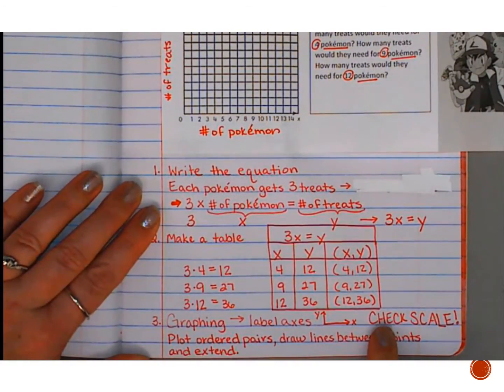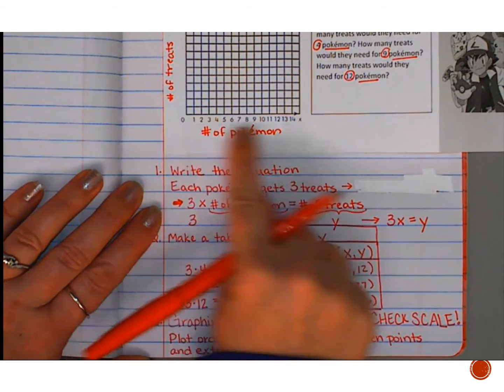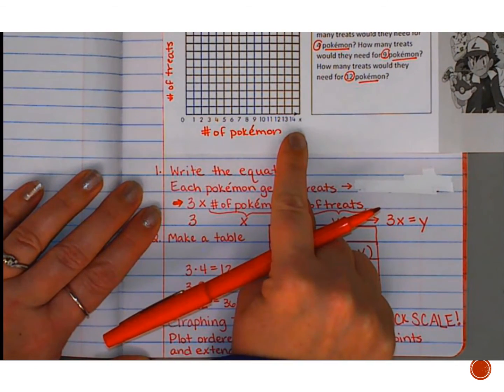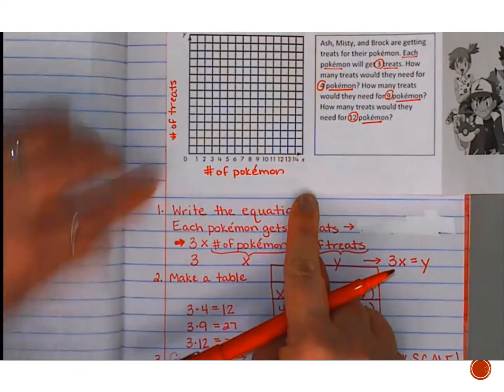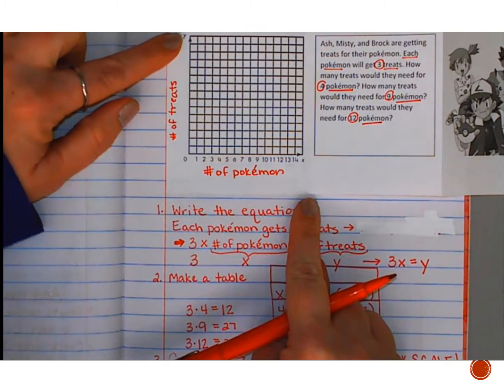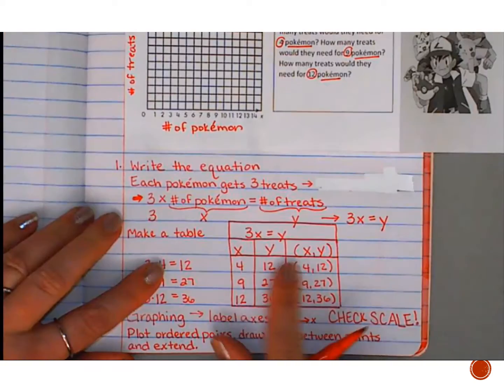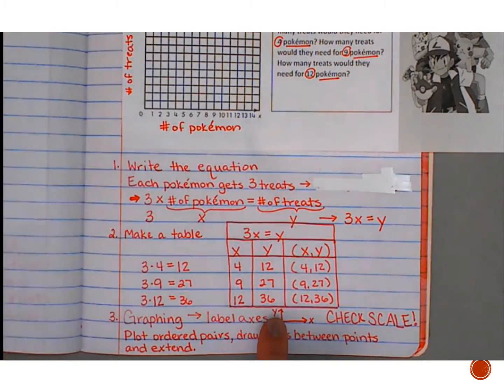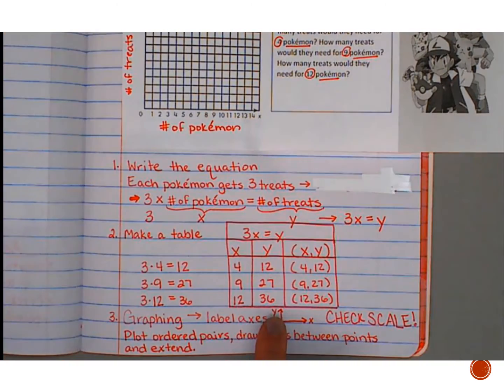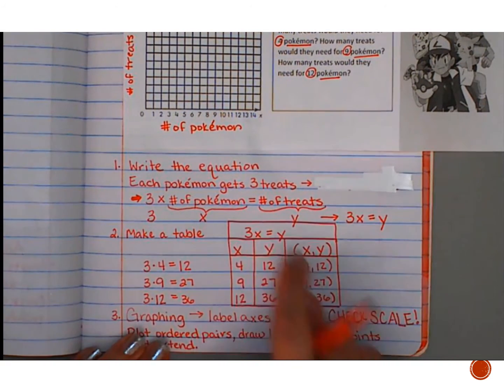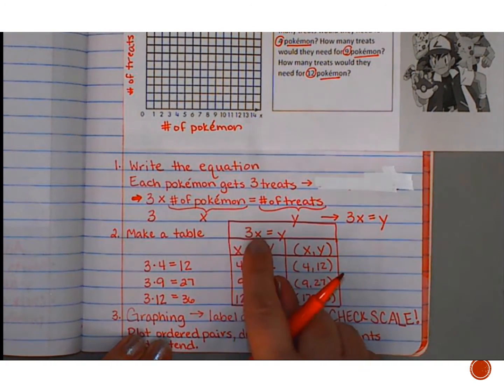Now the other thing we always have to do is check the scale. Down here across the bottom, our x is counting by 1s. That's easy enough. Over here, our y is blank. We get to decide what we're going to be doing. So a smart thing to do is to look at the data you got to plot and decide what you want to do for your y. We already know we're multiplying by 3, so a good place to start would be multiples of 3. Okay?